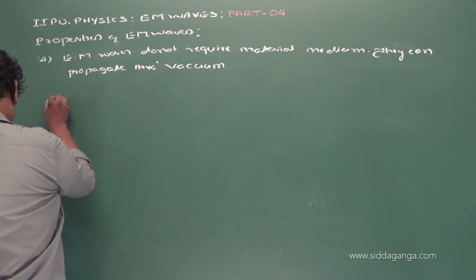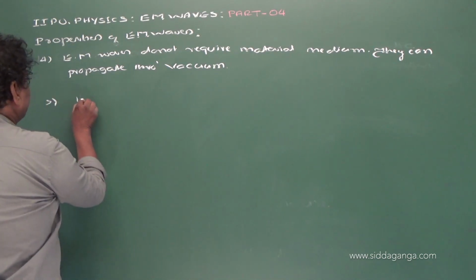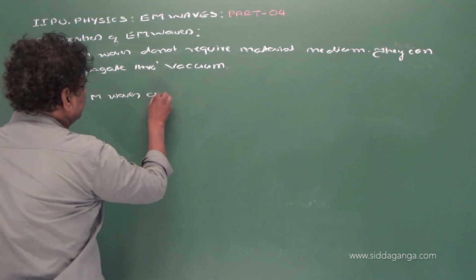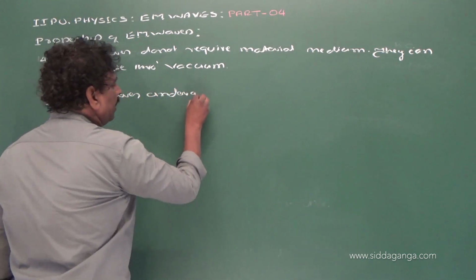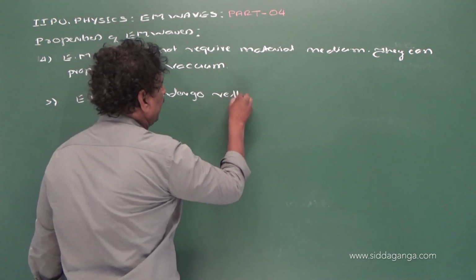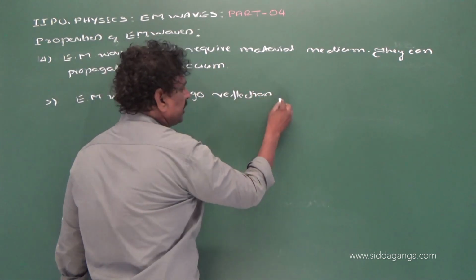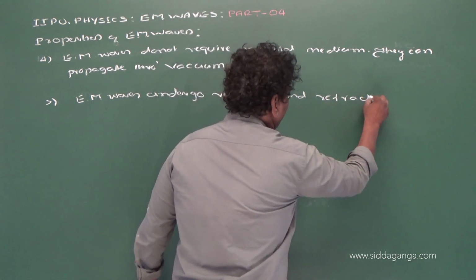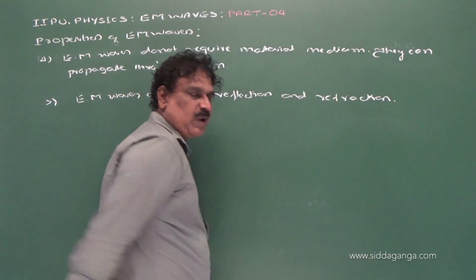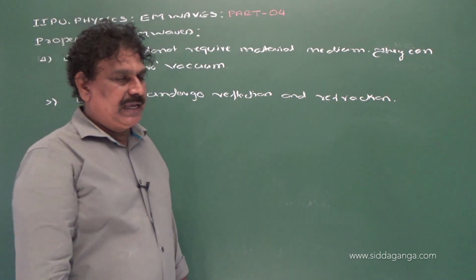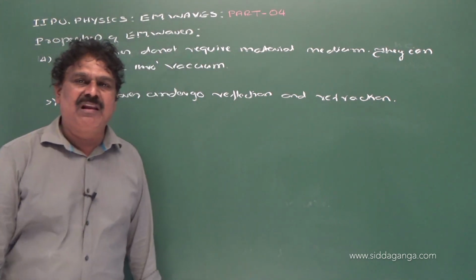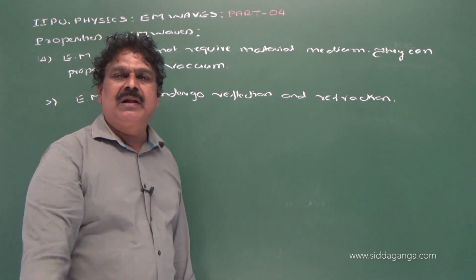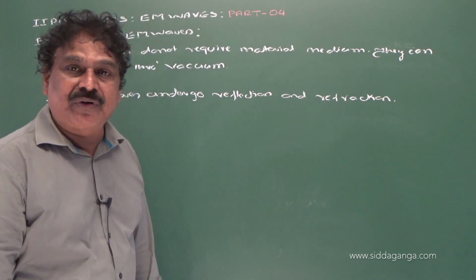The fifth property: electromagnetic waves undergo reflection and refraction. When electromagnetic waves fall on a surface, they are capable of reflecting out from the surface.